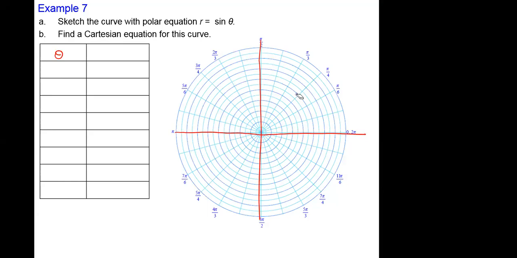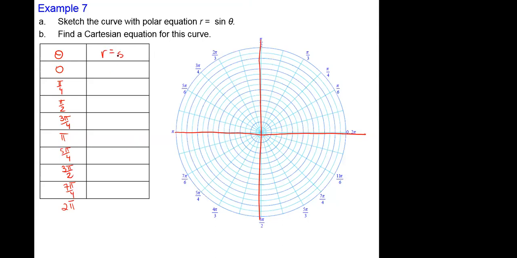Of course, the circle will be placed just in the first and the second quadrant, because sine is positive. Like we can do the same thing. 45, 90, 3 times 45, and then pi, 5 times 45, and then 270, 7 pi over 4, and 360.